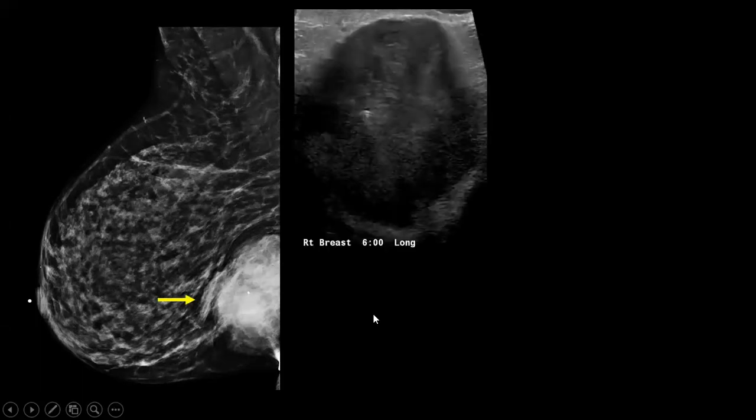So here is a mammogram showing you a large cancer. And this is the large mass that is associated with the biopsy clip. There it is. That's a triple negative cancer, a hypoechoic solid mass. This echogenic focus is the biopsy clip.